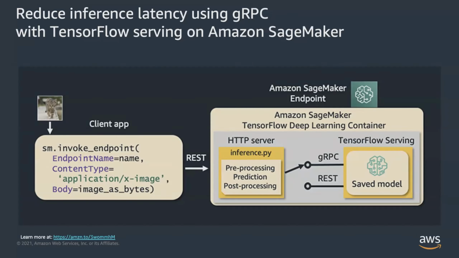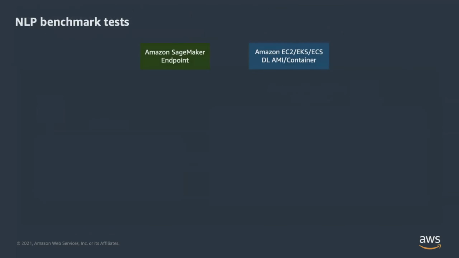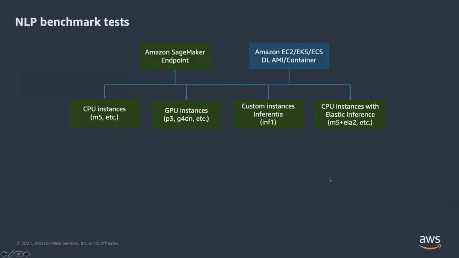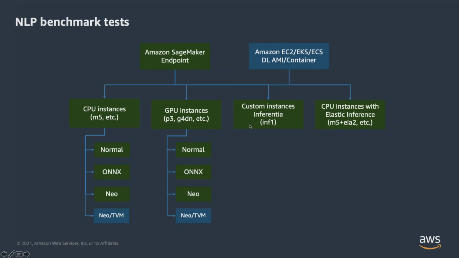So when you work with your own model project, you can list a table like this one. You can start to list down CPU, GPU, or the Elastic Inference one or the Inferentia one. And for each of them, you have a different version of the model.